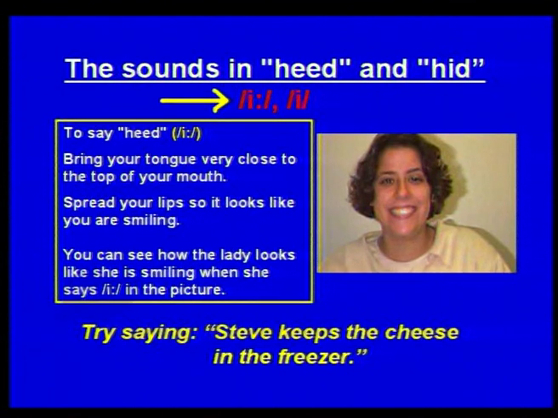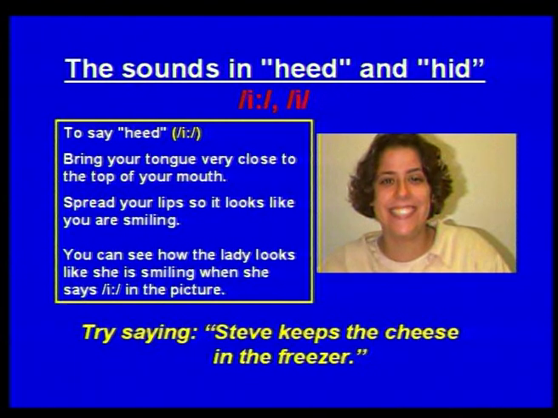Remember, whenever you see that colon, like those two dots, one on top of the other, next to any of these symbols, that suggests length. That is, you're going to have a longer period of leaving out air. They're known as the long vowels, and the others without it are known as the short vowels.